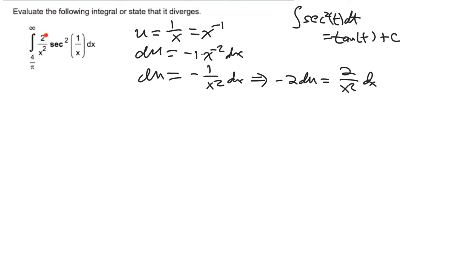And that's exactly what I have in this integration. So my integral here, the secant squared of 1 over x is going to turn into secant squared of u, and the 2 over x squared and the dx together are going to turn into minus 2 du. And so I'm going to put the minus 2 out here and put the du in here.